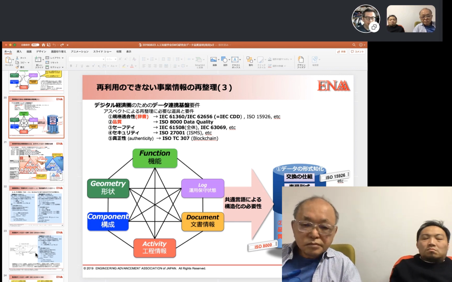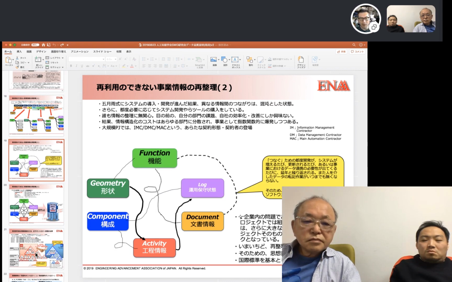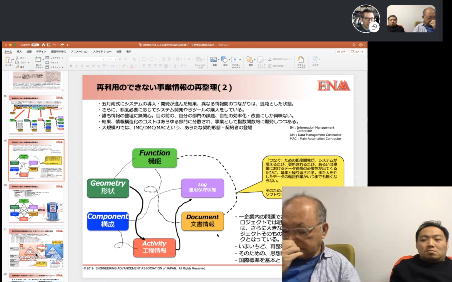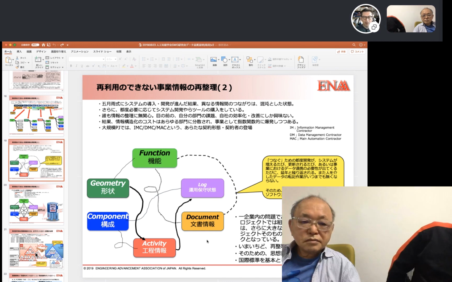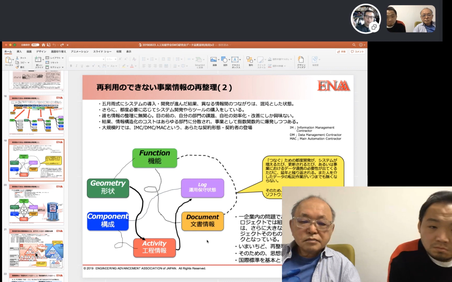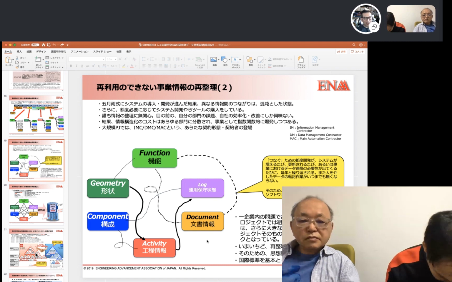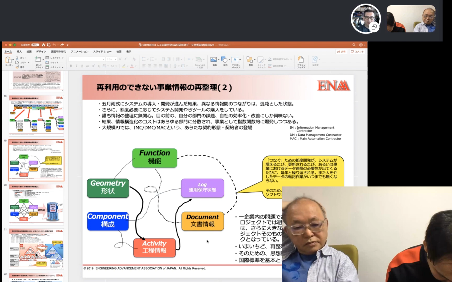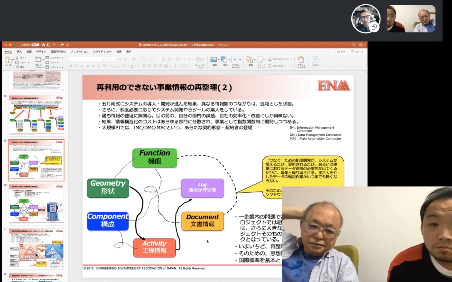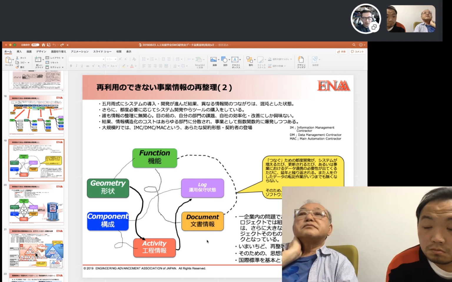That means, once again, we have a big issue, and one typical example is this. Suppose there are two companies, company A and company B. Company A calls the heat exchanging system an air conditioning system, but company B calls that heat exchanging system an HVAC.